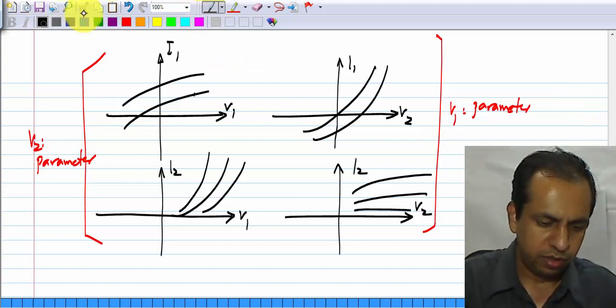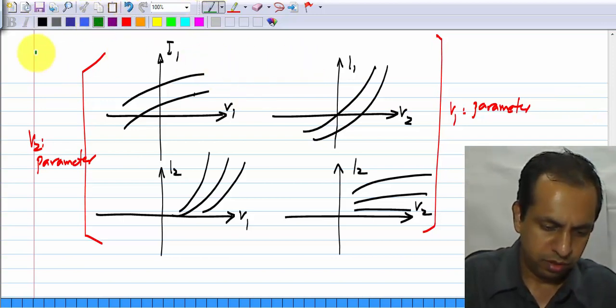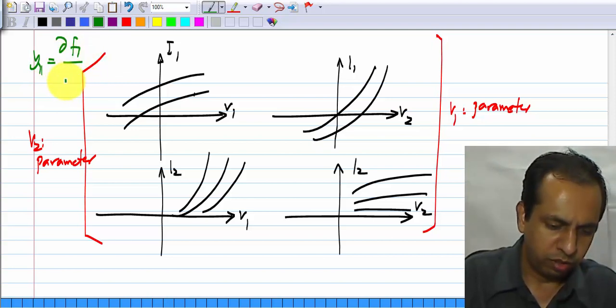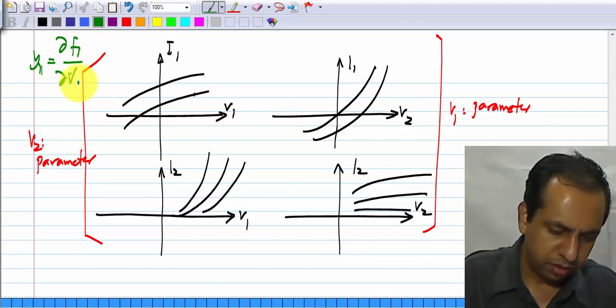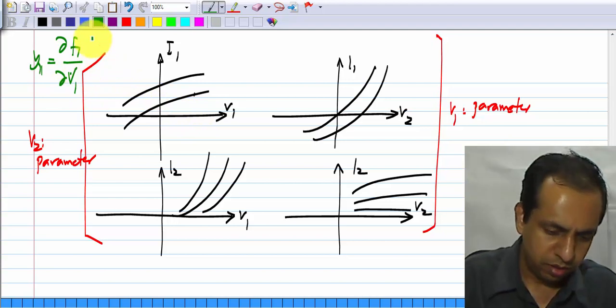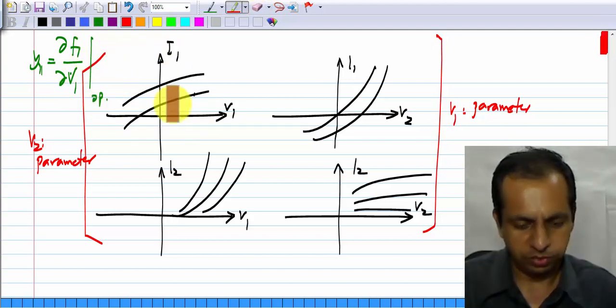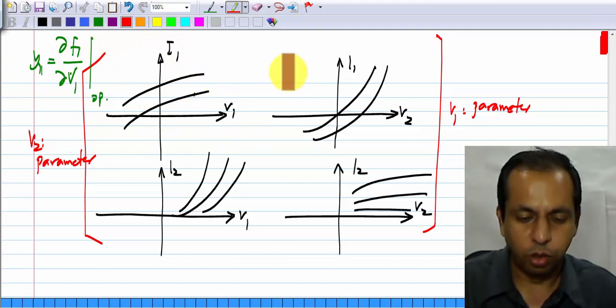Now, we know that the incremental parameter y11 is nothing but dou f1 by dou v1 at the operating point. We need the slope of the curve I1 versus V1, which is in this graph at the operating point.